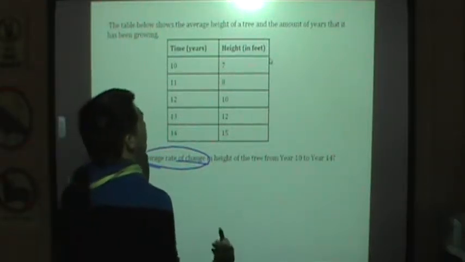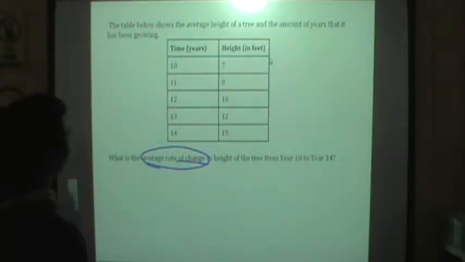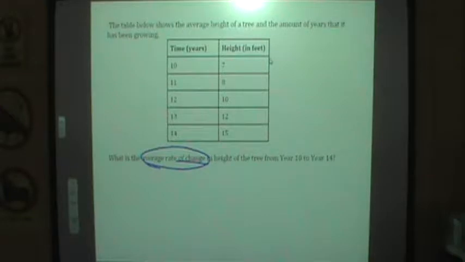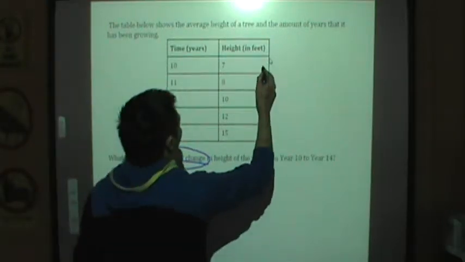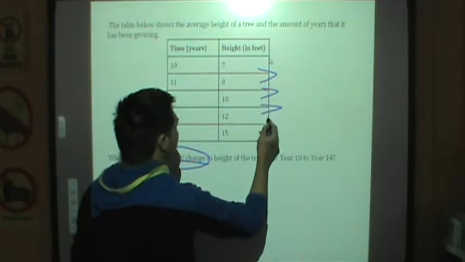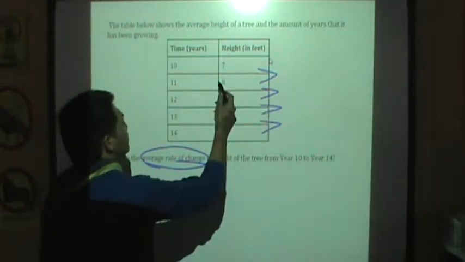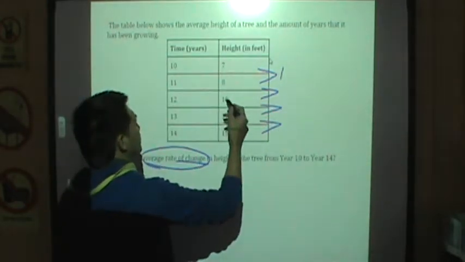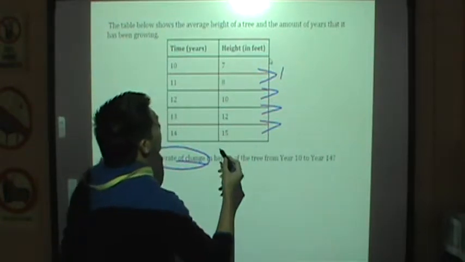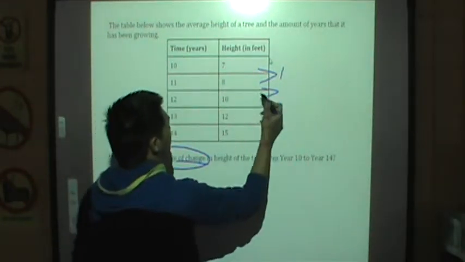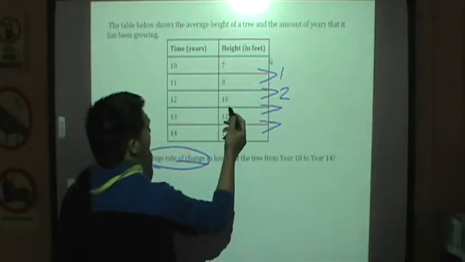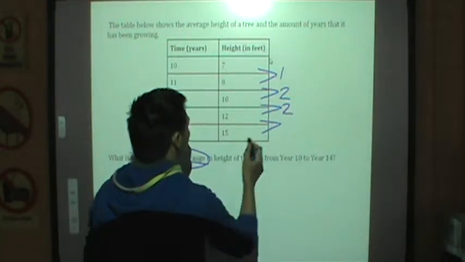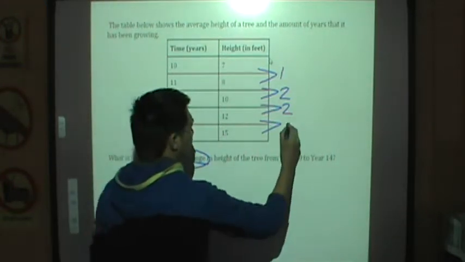So we subtract them. 8 minus 7 is going to give us 1. 10 minus 8 is 2, and then 12 minus 10 is 2, and then 15 minus 12 is 3.